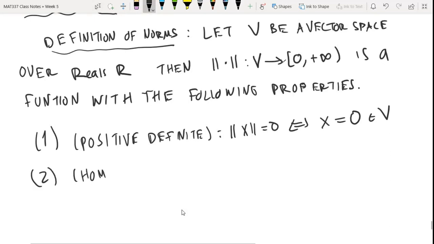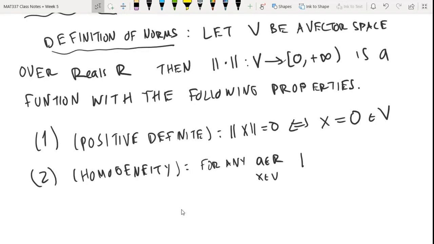Then you have homogeneity. So take any real number: for any a in R, x in V, you have the norm of a times x is equal to the absolute value of a times the norm of x.